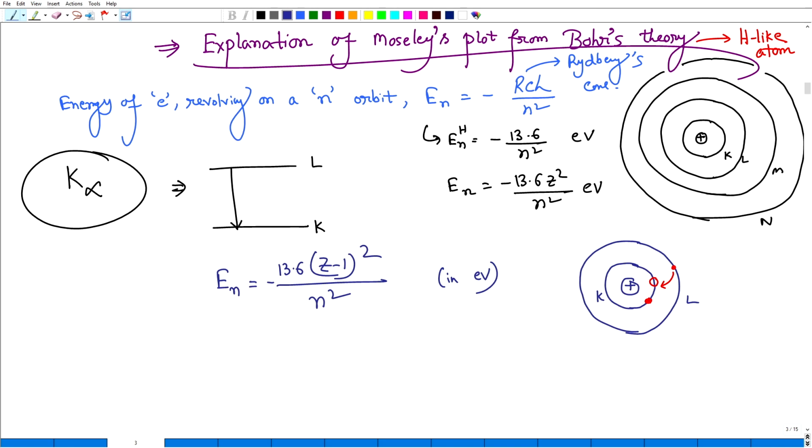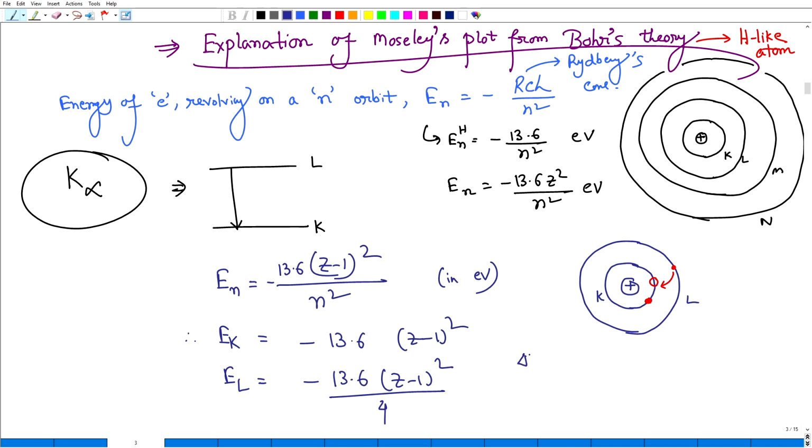So what will be E_K? For E_K, n is 1, so it is minus 13.6 (Z minus 1) squared. What will be E_L? Minus 13.6 (Z minus 1) squared divided by 4. So what will be delta E? Delta E should be E_L minus E_K.